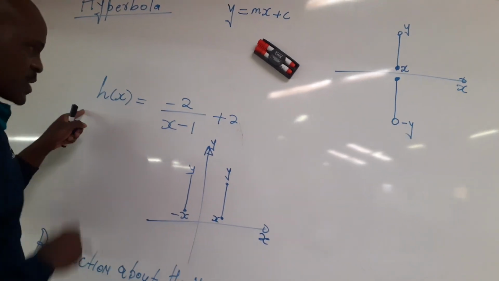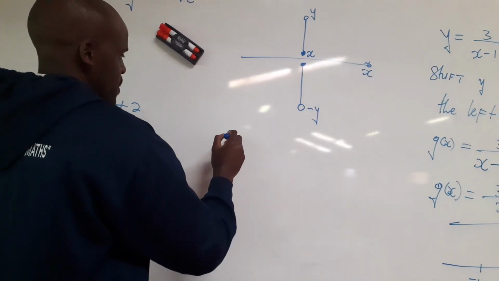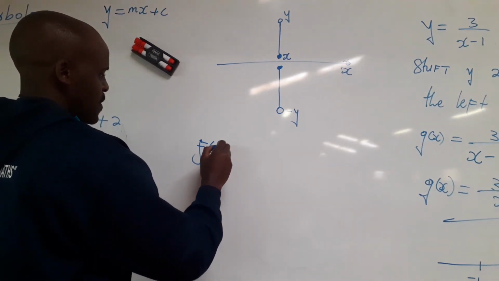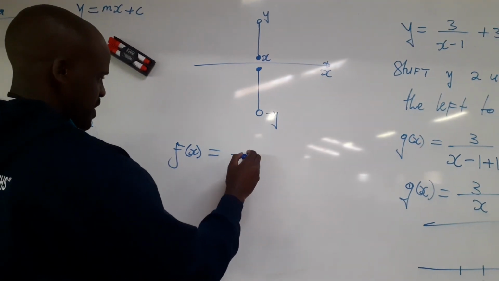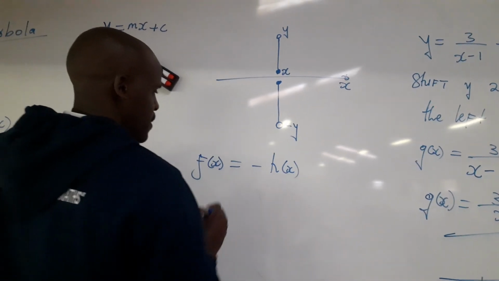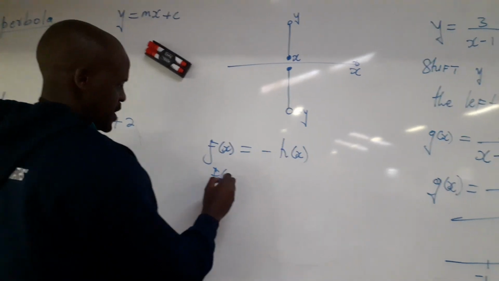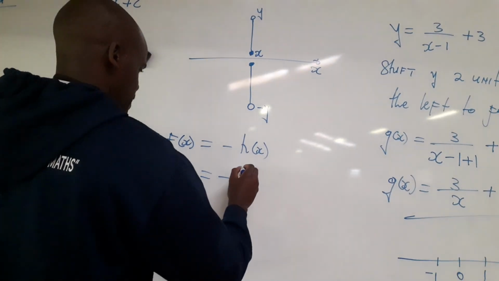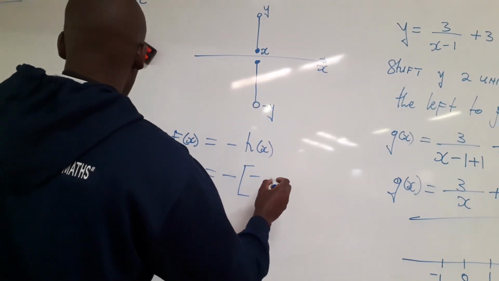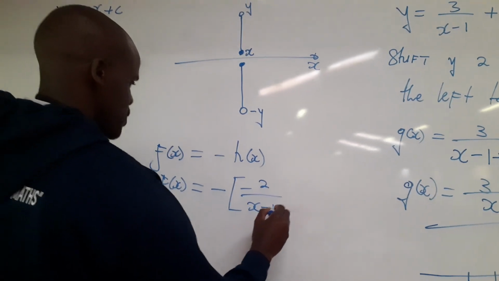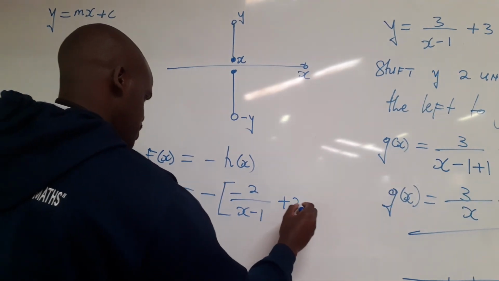Let's reflect this again to form the function f. F at x will be equal to negative h at x. Therefore, our f at x will be negative of that, we open the brackets, it's minus 2 over x minus 1 plus 2.